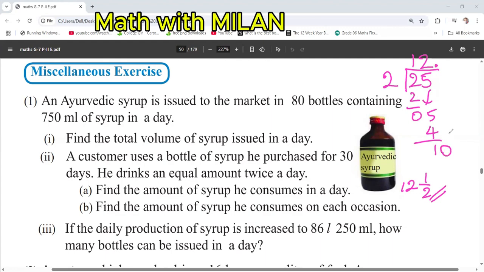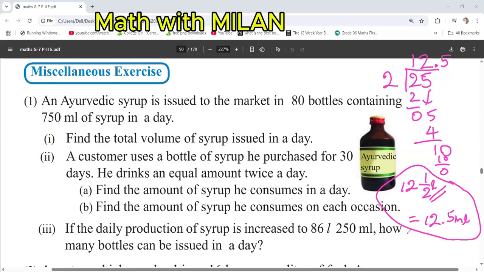Then for 10 you have 5 2s. 5 into 2 is 10. That is 0. So you can write any of these two answers. It may be 12.5 milliliters or 12 and half milliliters. Both are the same, right? So in either way, you can get the answer.